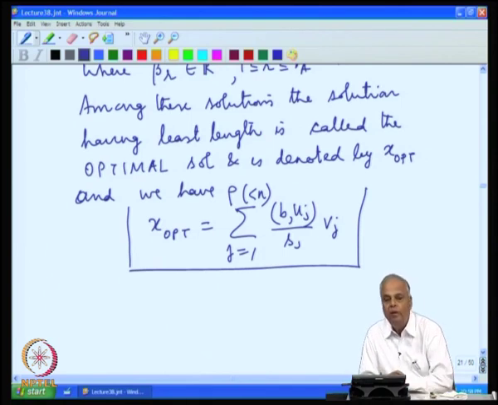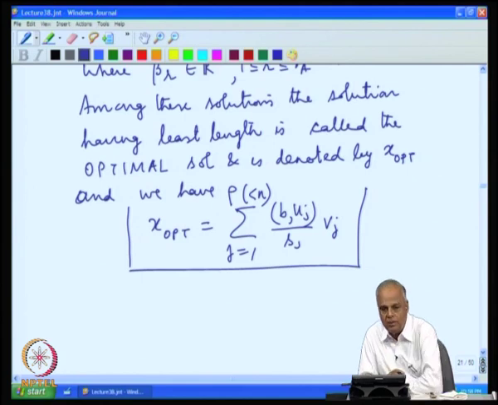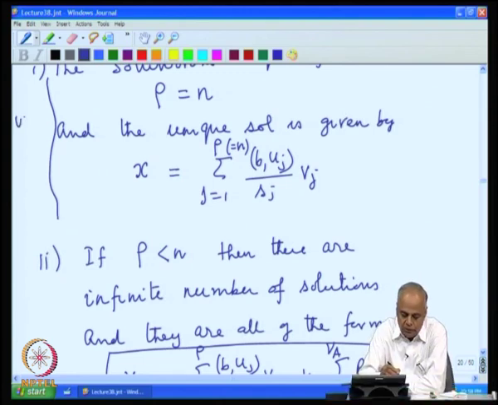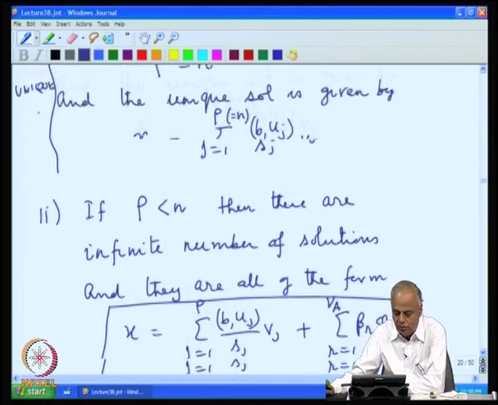So, we know what the consistency condition is in terms of the basis that we have chosen, and we have also seen so far that if these consistency conditions are satisfied, the solution exists and we know when the solution is unique. This is the case where the solution is unique, and we know exactly how the unique solution looks.